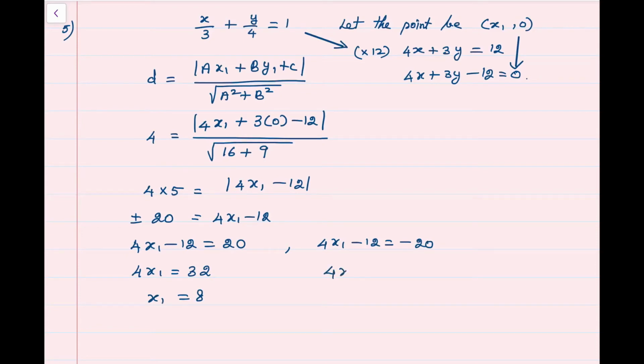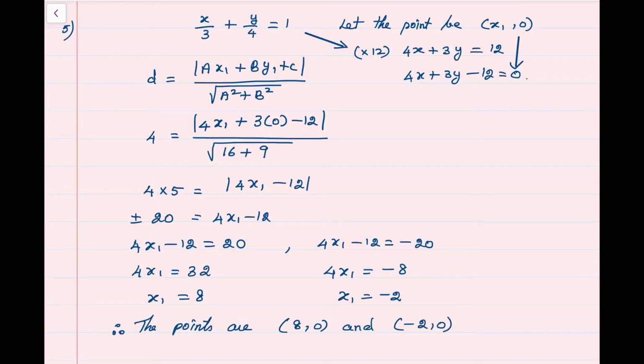Here 4x1 is minus 20 plus 12, which is minus 8. Therefore, x1 is minus 2. We have two answers. Therefore, the points are (8, 0) and (minus 2, 0).